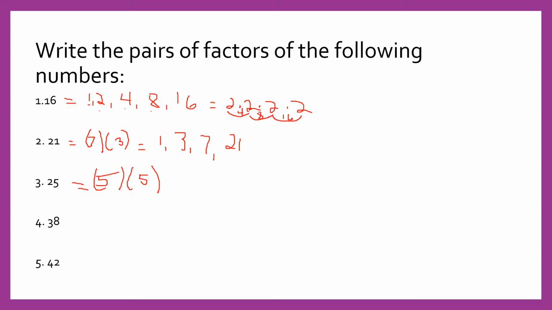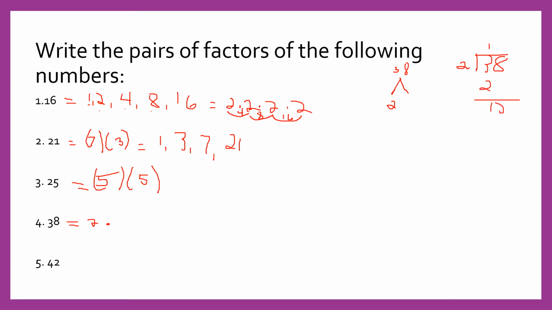What about 38? So, 38, pwedeng 2 times 19. Pag hindi kayo sigurado, use that factor tree ganito. 38 divided by 2 is 19. 1 times 2 is 2.